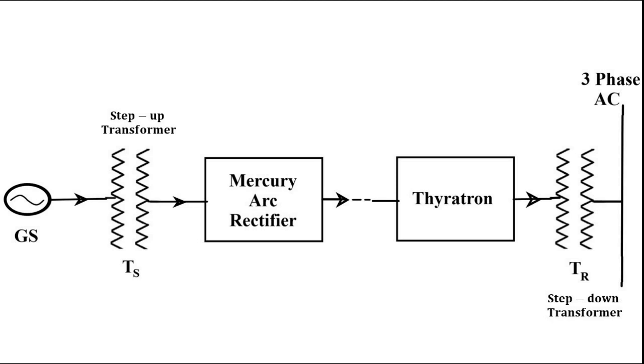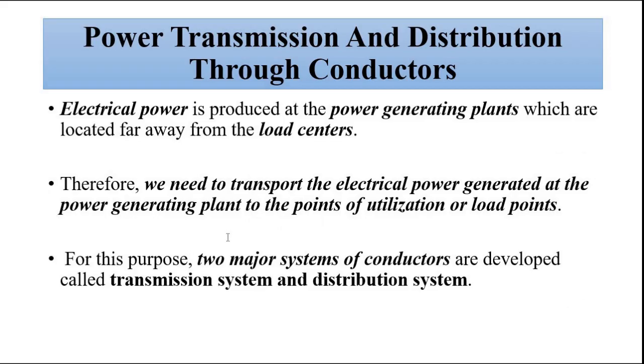So in this video we'll be discussing the transmission and distribution of electric power through conductors, and the two main categories of transmission and distribution from the point of view of the installation of the conductors, the cables, the wires.